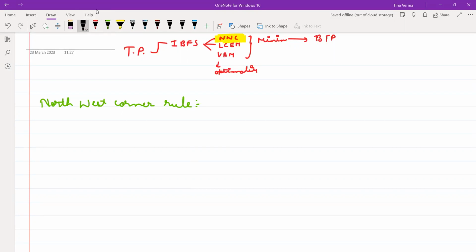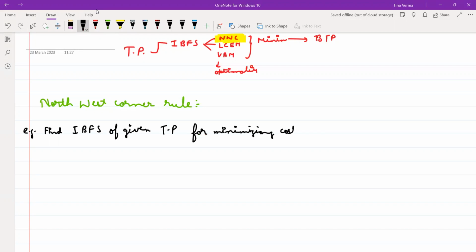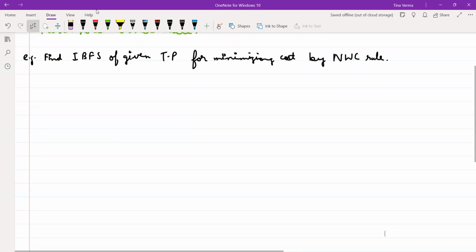Suppose the question is given to you that you have to find the initial basic feasible solution of the given transportation problem for minimizing cost by the northwest corner rule.